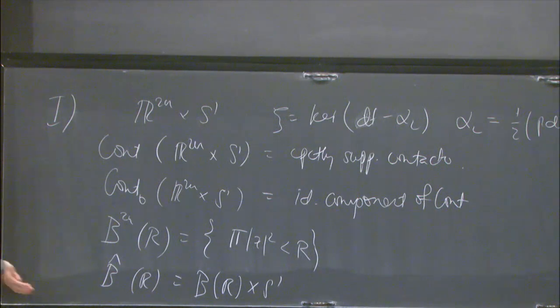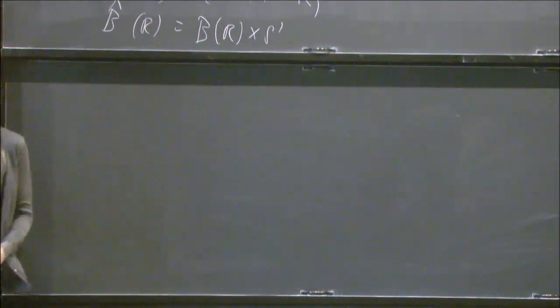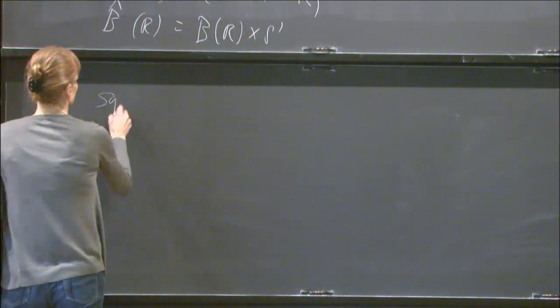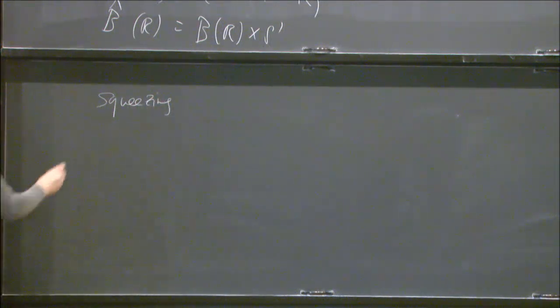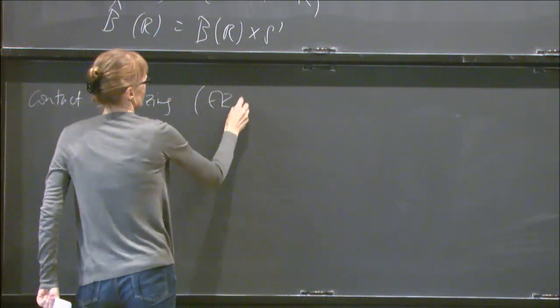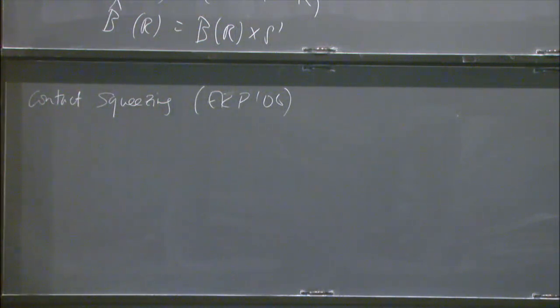Okay, so the next thing, sort of terminology related, is the notion of squeezing. This is a notion that appeared in this paper of Eliashberg, Kim, Polterovich that you mentioned.